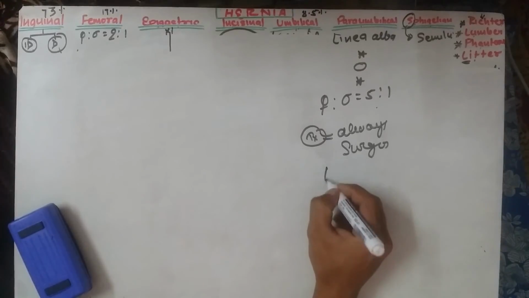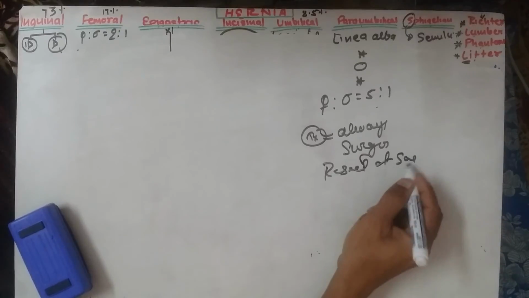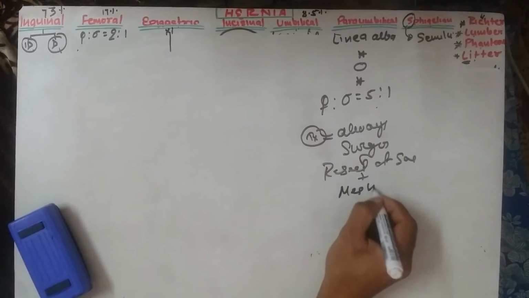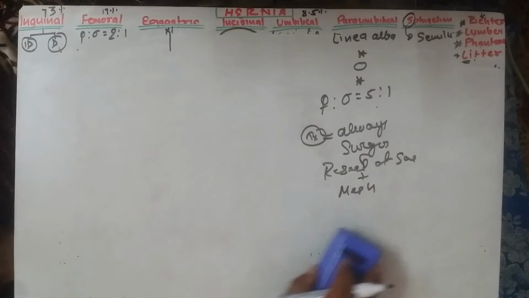Okay, they need resection of sac plus mesh repair. Then this is all about the paraumbilical.